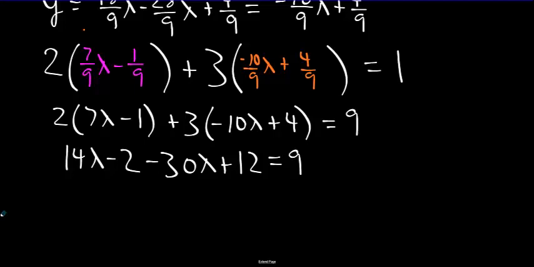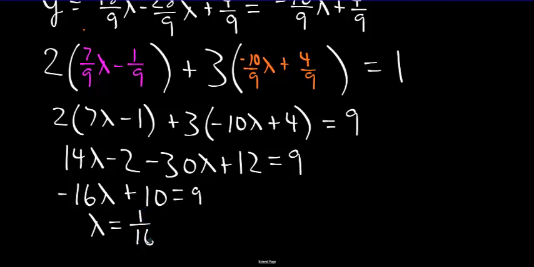So this is going to be negative 16 lambda, and then plus 10 equals 9. And that means that lambda is equal to 1/16, because I do the algebra there. So lambda is equal to 1/16.